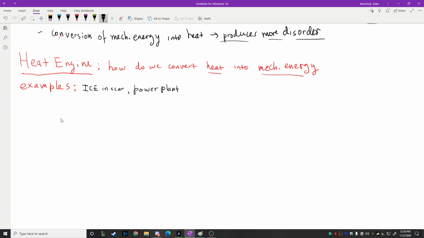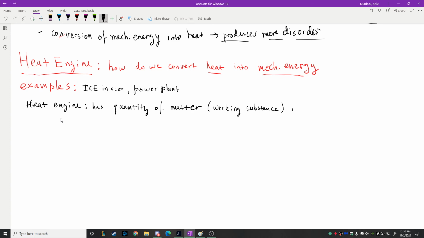So what are the pieces of a heat engine? A heat engine will always have some quantity of matter that it's going to extract heat from. This quantity of matter is referred to as the working substance, as it's ultimately going to be the thing that does the work for us.